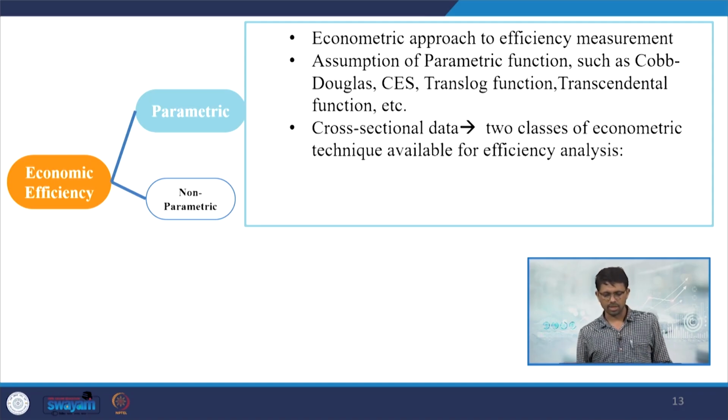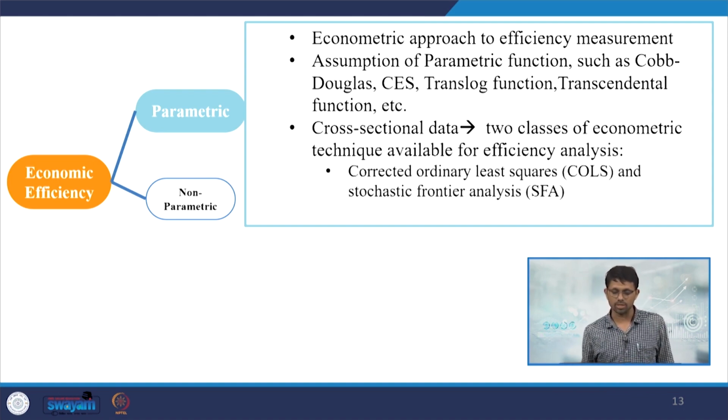In cross-sectional data, there are 2 classes of econometric techniques available for efficiency analysis. One is COLS, that is, corrected OLS, and the other is stochastic frontier analysis, SFA.